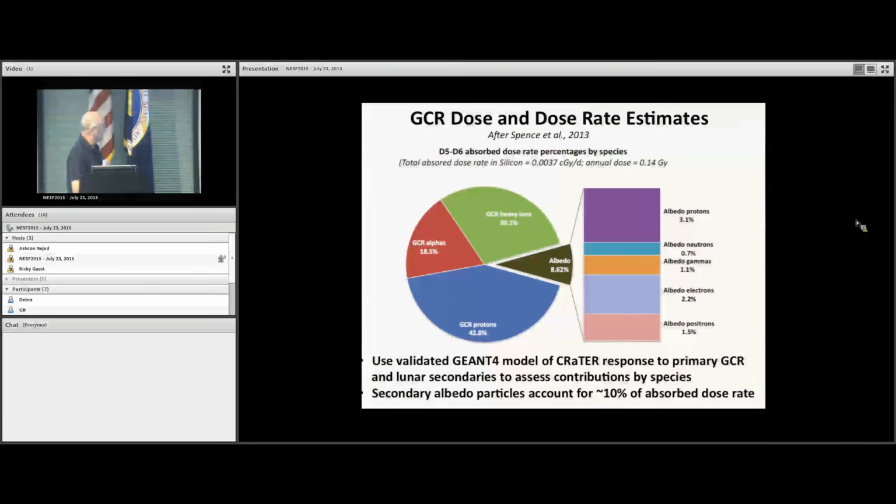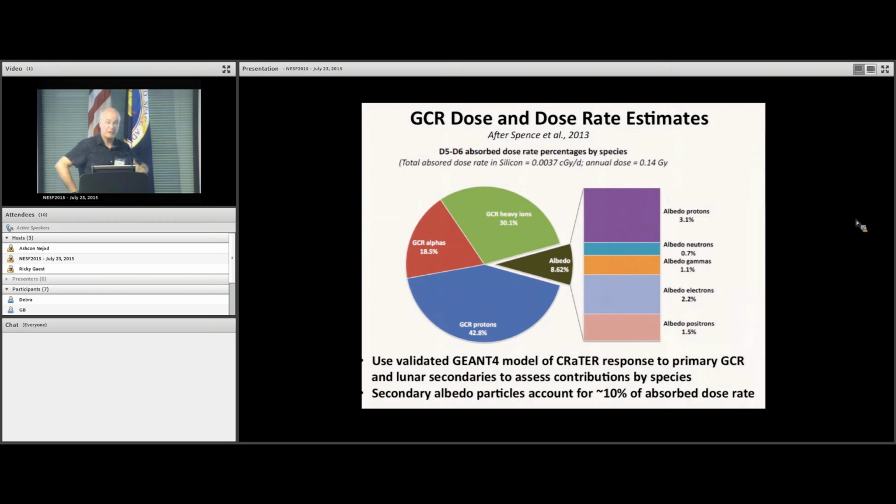And so this is a pie chart and a bar chart, a breakout that shows the dose and dose rate estimates from galactic cosmic rays after they've passed through the cosmic ray telescope, which includes slugs of tissue equivalent plastic that produce internal to the instrument a radiation field that will be similar to radiation passing through an astronaut's body.